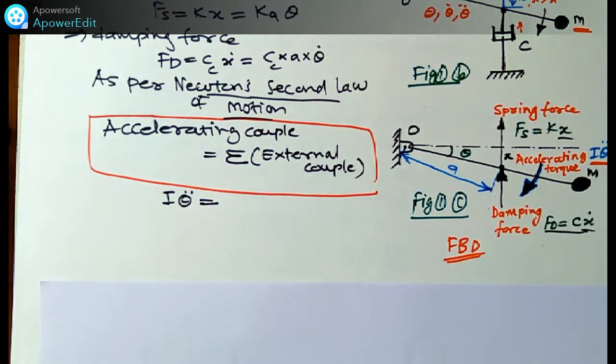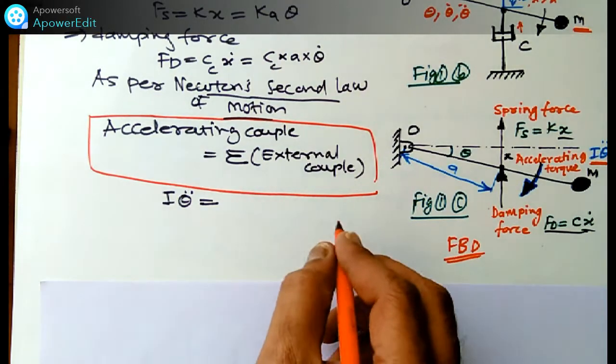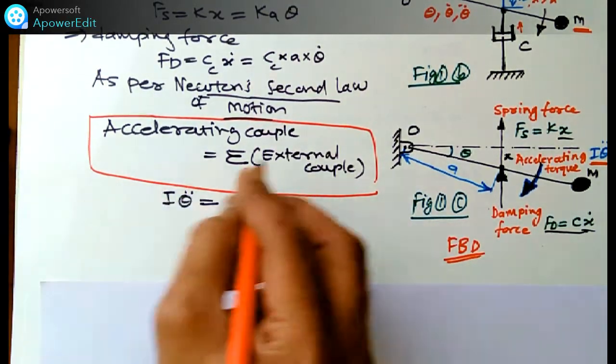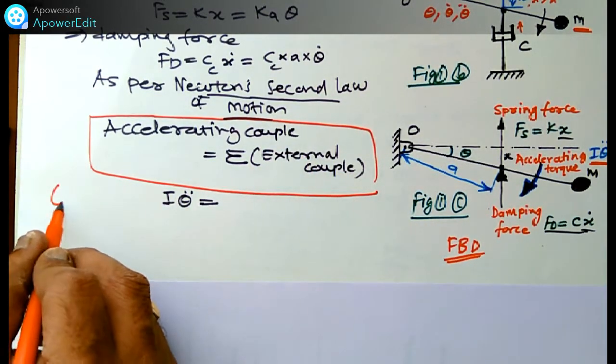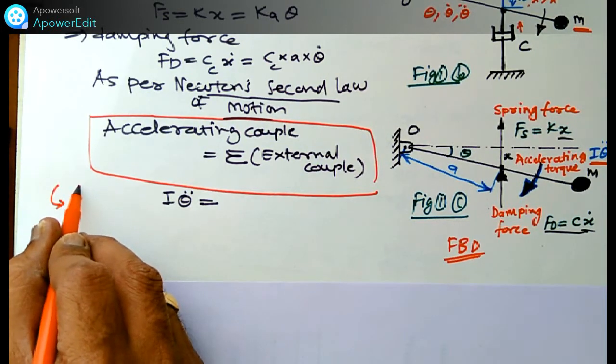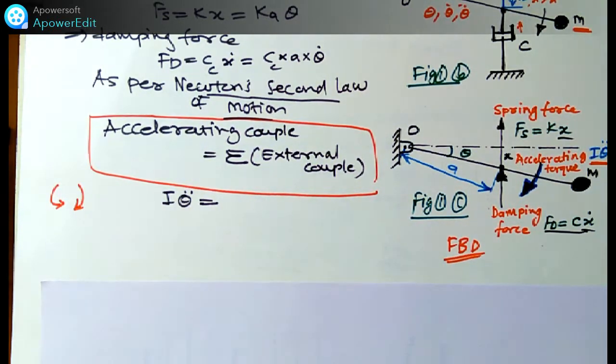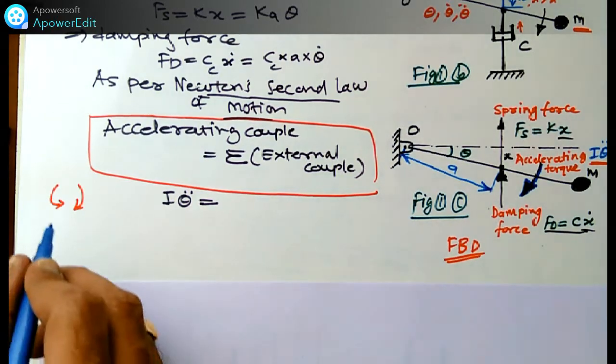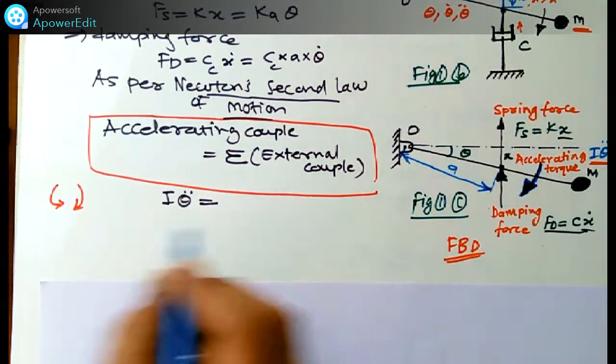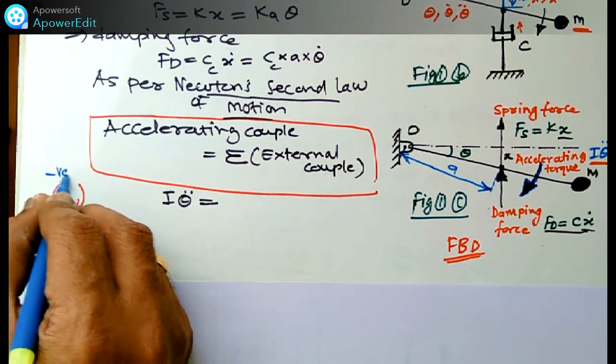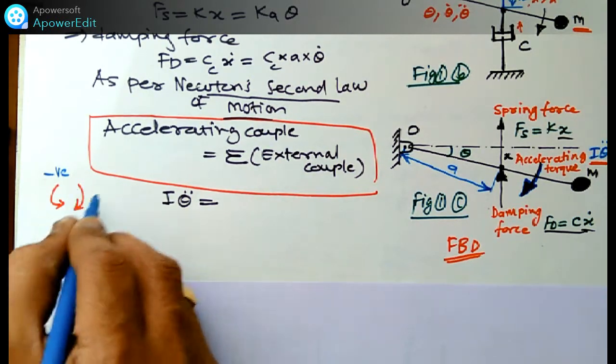So I will show you the symbol for clockwise and anti-clockwise direction. What will we have to take? Suppose this is anti-clockwise, moving in the anti-clockwise direction. So we have to take the negative sign, and this is the clockwise direction, we have to take positive. So these are the signs we have to consider for this equation.